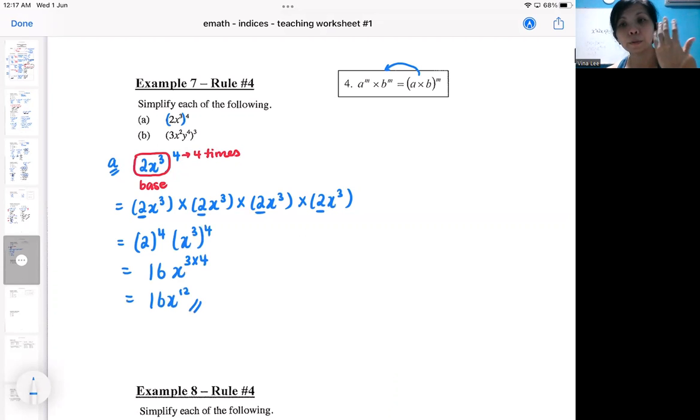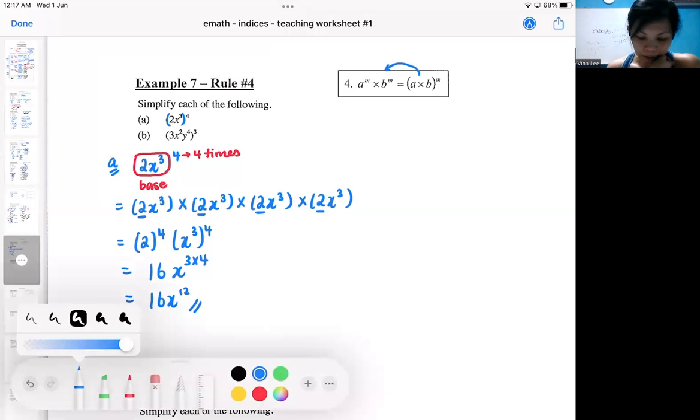So it's easier if you don't write out the repetition, because if there's a lot of repetition, it's actually very troublesome. So I'm just showing you the writing out of the repetition.